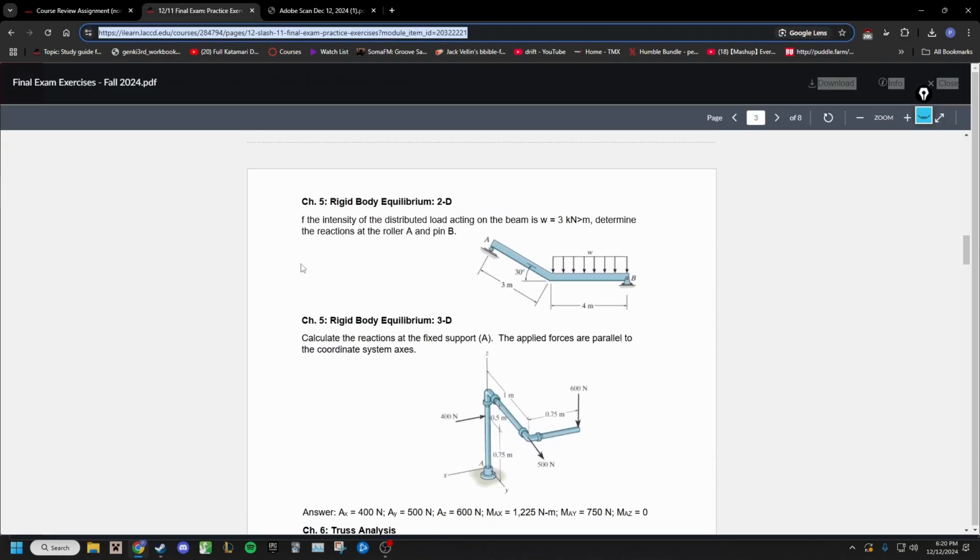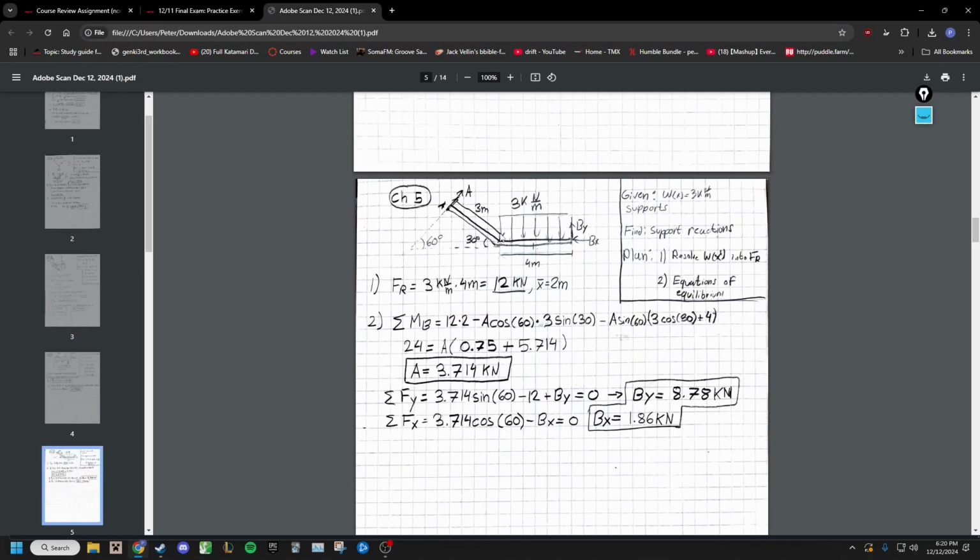Now, for the next question, we are given this body, the distributed loading, and this weird little bent elbow shape, and we're asked to find the reactions at roller A and pin B. Now, the fact that it's a roller and a pin is very specific. A roller only has one reaction force, and that is perpendicular to the ground, because reaction forces are created by restrictions of movement, and a roller is free to move.